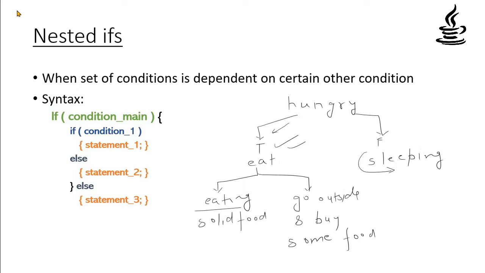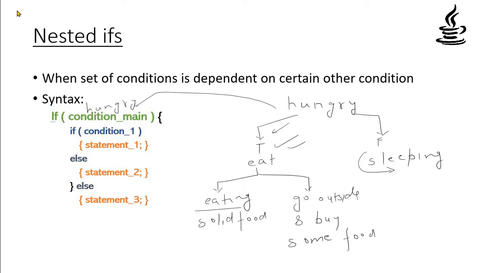So these two conditions are further dependent upon the condition of whether we are hungry or not. To implement these kinds of conditions, we use nested if conditions. First we write the if keyword followed by the main condition, which is whether we are hungry or not. If we are hungry, then our program will check the further condition, whether there is something at home to eat or not.